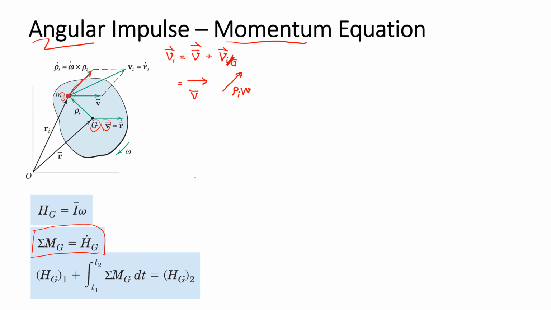So the magnitude of the rho dot vector is equal to omega multiplied by the magnitude of rho. Here is the relationship of the velocity to the velocity at the CG and the relative velocity.